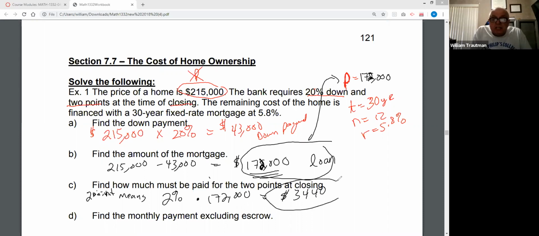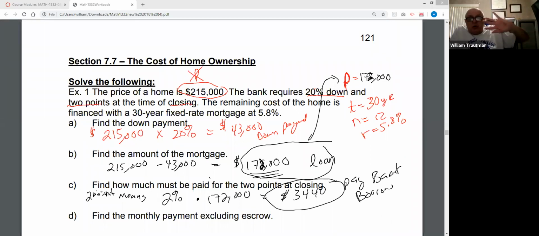3,440. Now, this is how much you pay the bank just to borrow money. This does not get deducted from your mortgage or your loan. When you have to pay 2 points, you have to pay 2 percentage points of your loan amount.